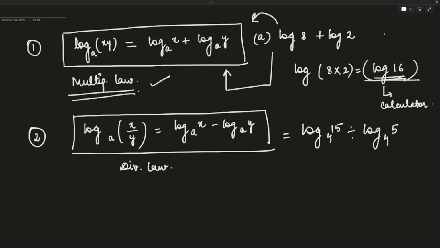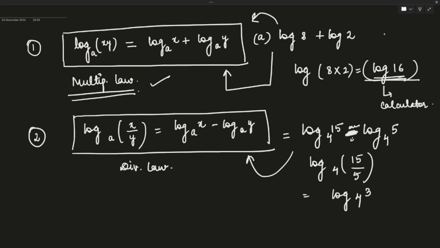Okay, so if we apply the division law in this, the value of this will be log of 15 by 5 to the base of 4. Okay, so this will become log of 3 to the base 4. Oh actually sorry, we have just misprinted it. It's not division, it's subtract.